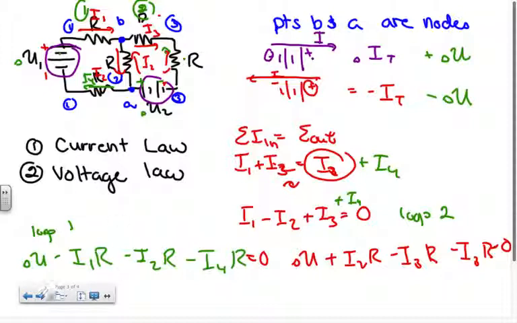So that looks kind of ugly. Let's just go to another page and do a different problem. Let's set it up. So if I have a circuit, something like this. Call that delta U1.